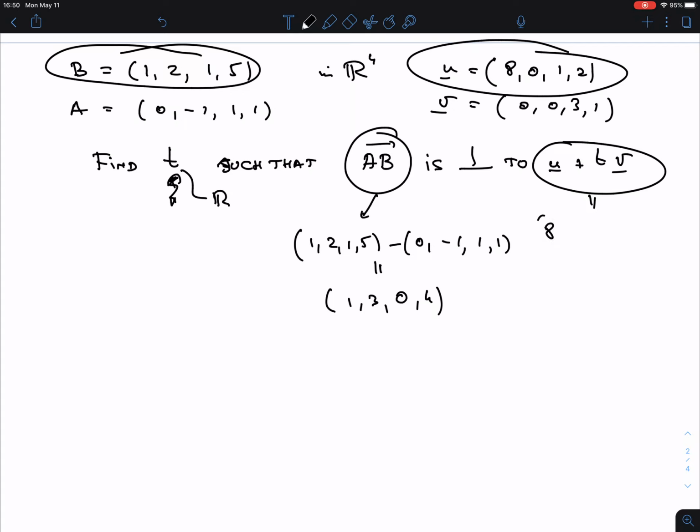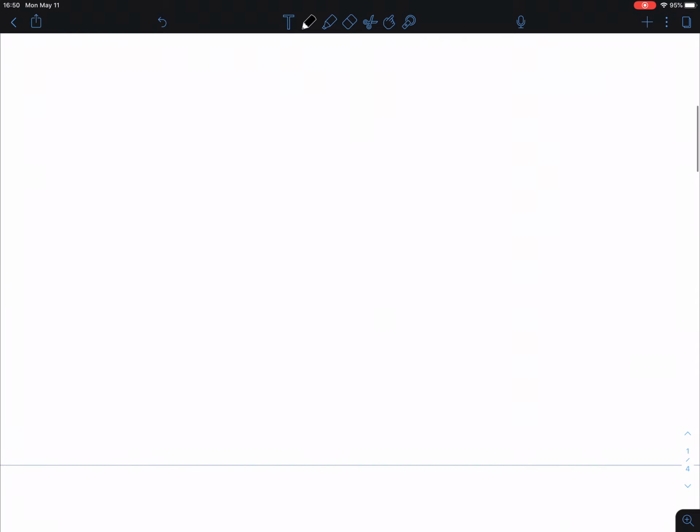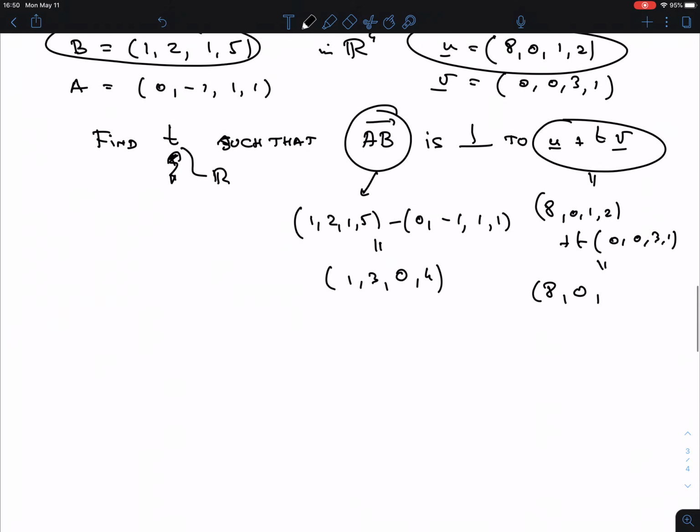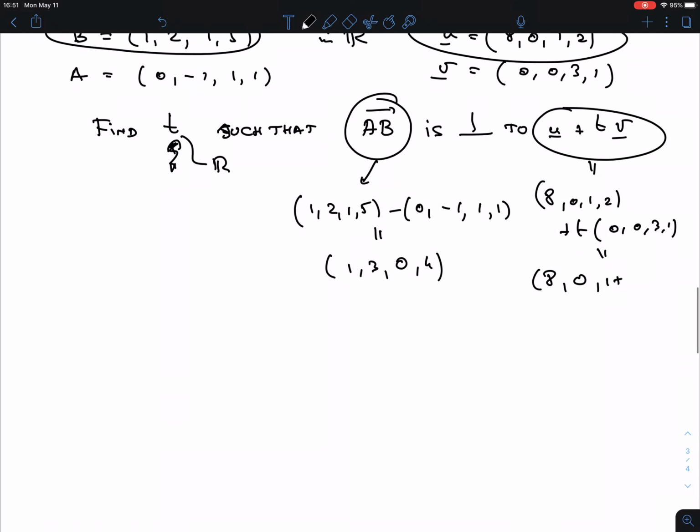Okay, now what is this vector? Well, that is (8, 0, 1, 2) plus t times the vector (0, 0, 3, 1). So that is the vector (8 plus t times 0, 0 plus t times 0, 1 plus 3 times t, and then 2 plus t).